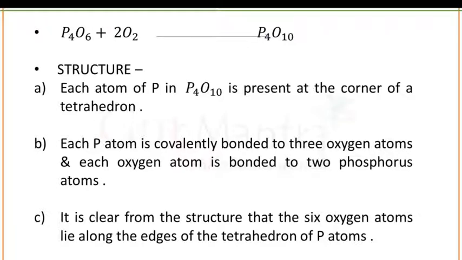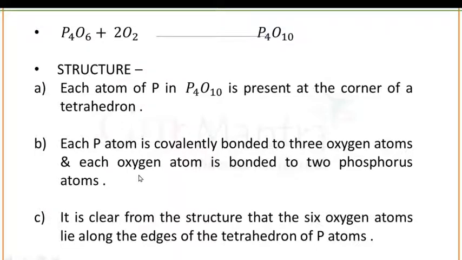Next is the structure. Each atom of phosphorus in P4O10 is present at the corner of a tetrahedron. Each phosphorus atom is covalently bonded to 3 oxygen atoms and each oxygen atom is bonded to 2 phosphorus atoms. You have to remember this point.